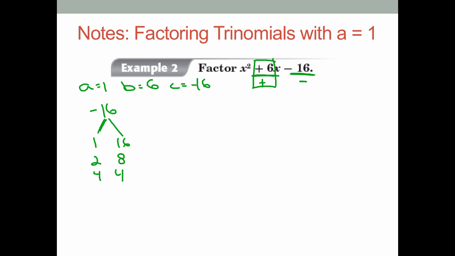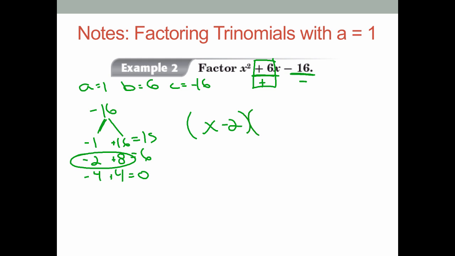If b is positive, that means that the bigger numbers have to be positive, and the smaller numbers are negative. If it was negative, then the bigger numbers would be negative, because that would be the result when I add it. So when I add these together, I'm going to get negative 2 plus 8. I can then replace and then factor, or I can jump to my answer, and that is my final result.